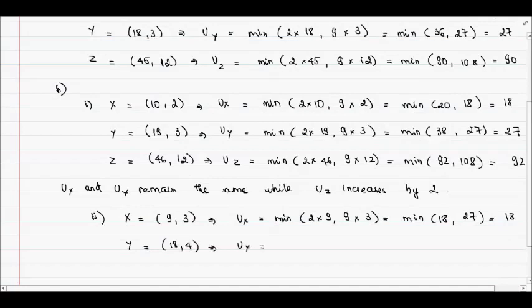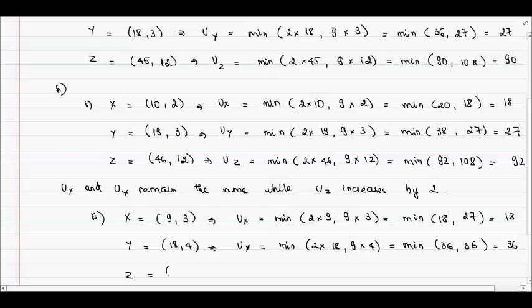So UY is the minimum of 2 times 18 and 9 times 4. That is the minimum between 36 and 36, and that is going to be 36.